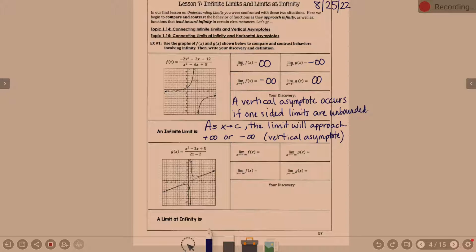So an infinite limit happens when, as x approaches c, the limit approaches either positive infinity or negative infinity.